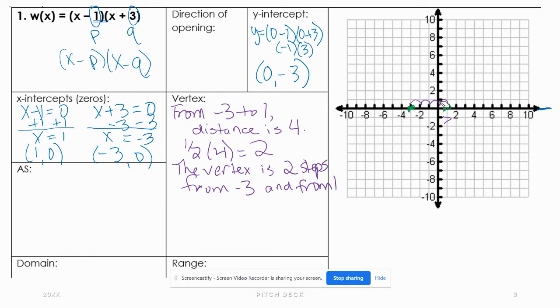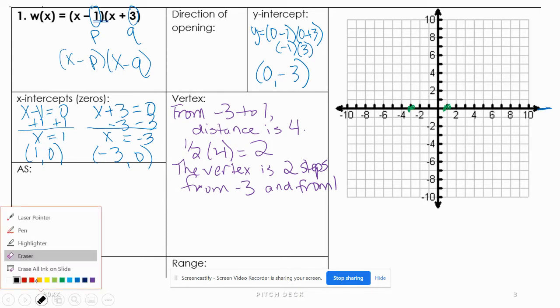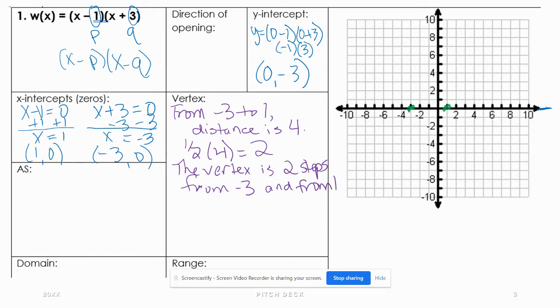So I'm going to erase this and that and choose a different color here. I'm going to go with purple in there. So 2 steps from negative 3, 1, 2, puts me at negative 1.